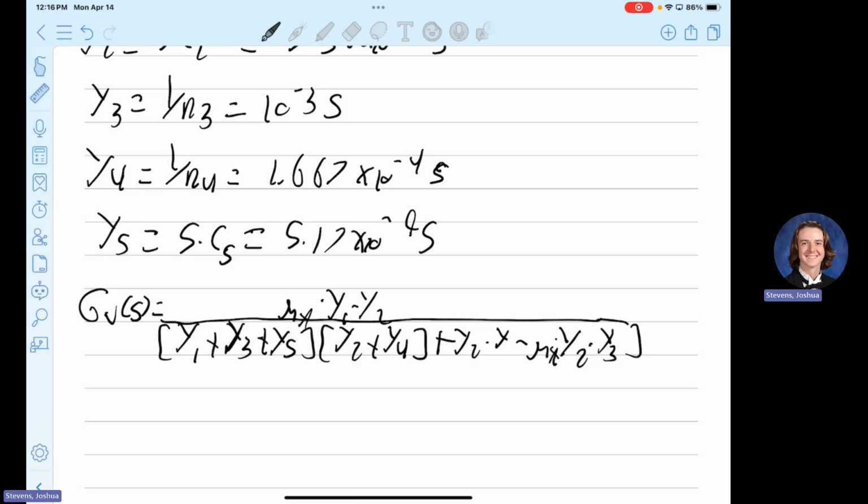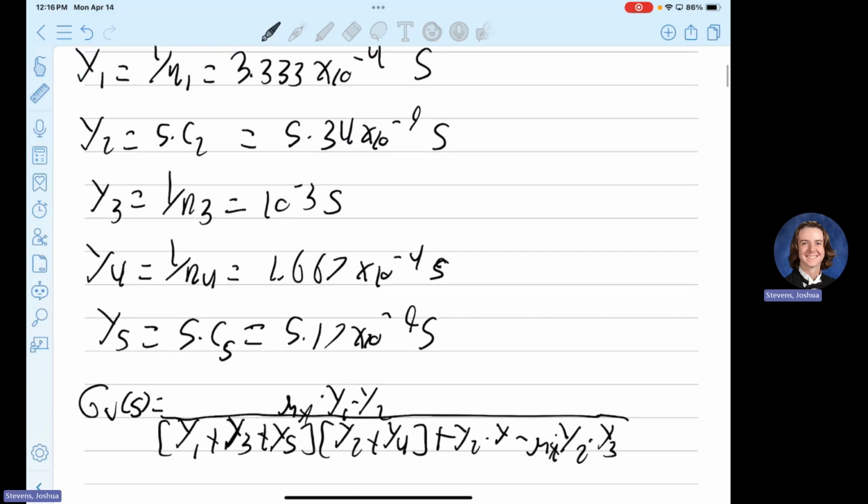And so you literally just store all those different variables in your calculator, type it up, and you will get this equation.